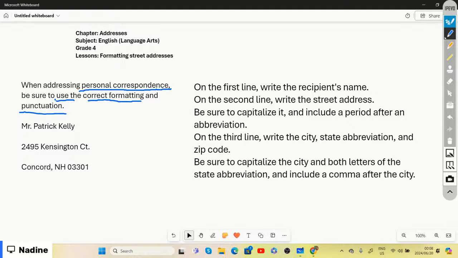Because remember, if somebody needs to send you a letter specifically, you need to have your correct details. If we look at this address, Kensington, I'm not sure if it's county or city, there are lots of different addresses that have the same street name, right?